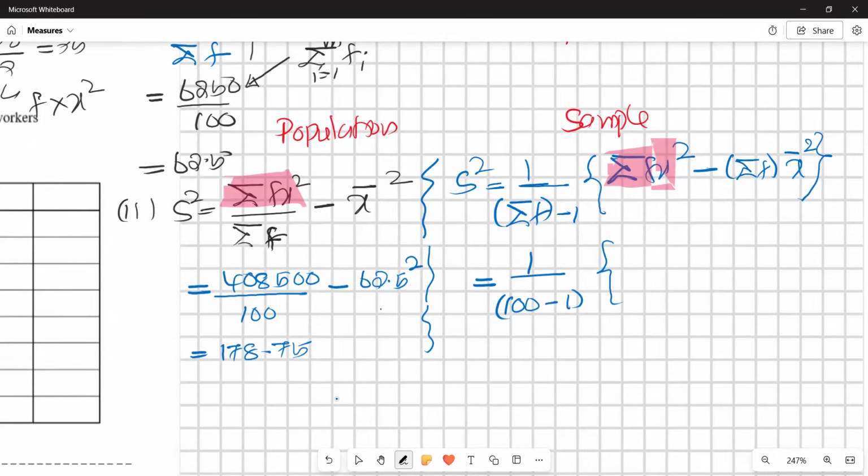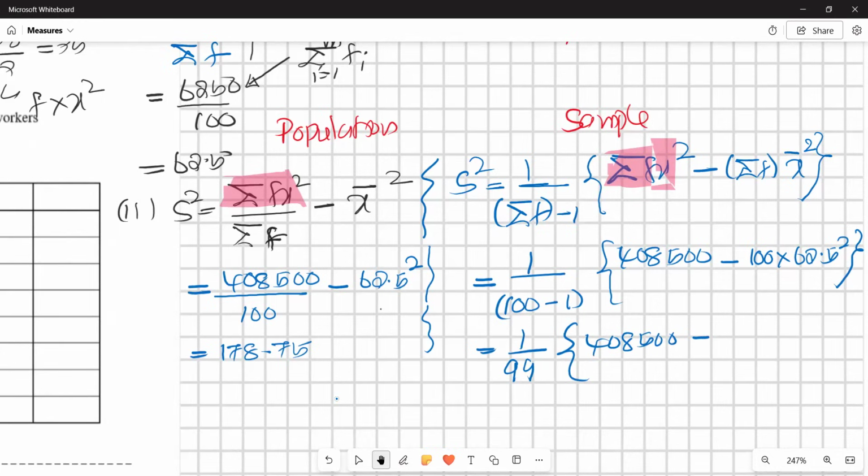Curly bracket, sigma fx², 408,500, minus 100 into 62.5 to the power 2. This is 390,625.